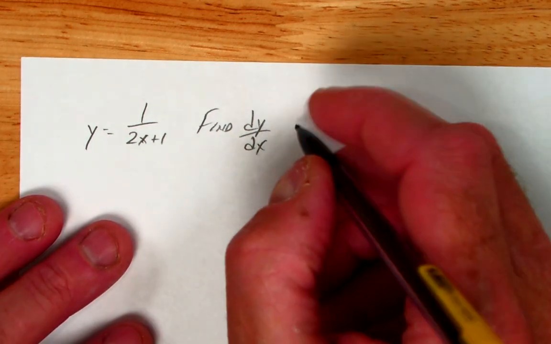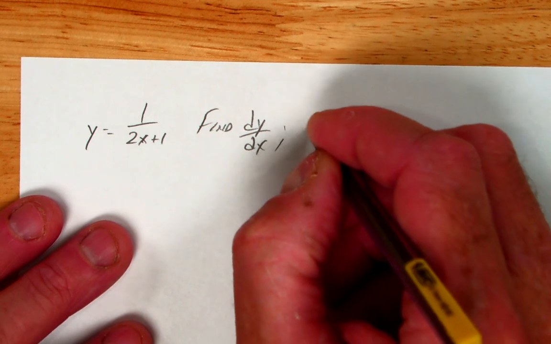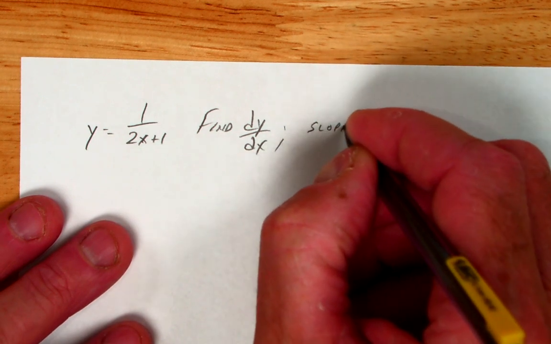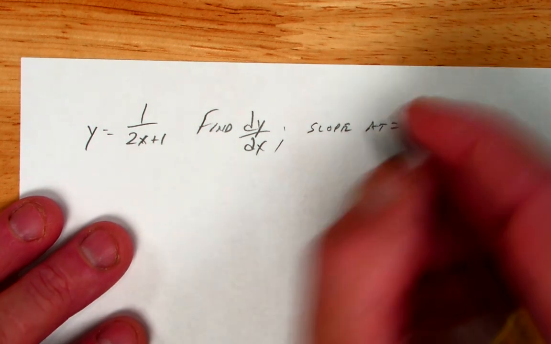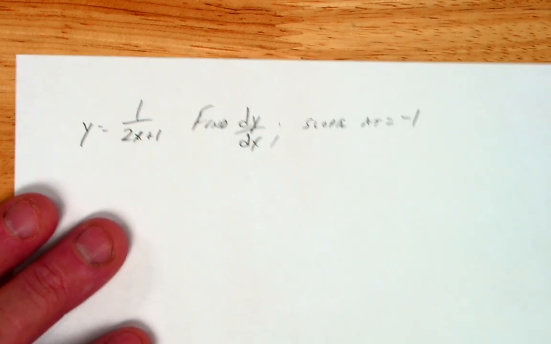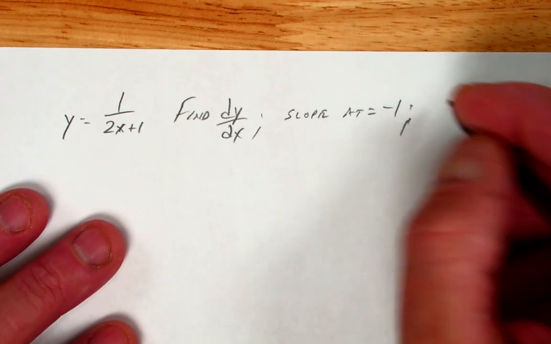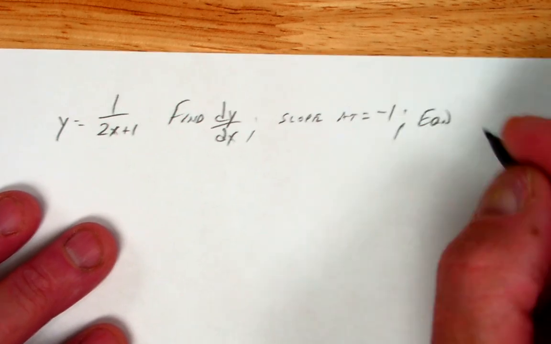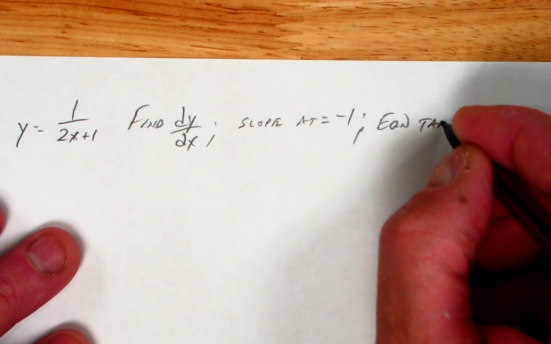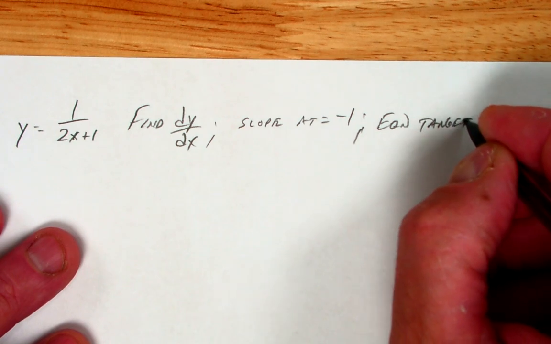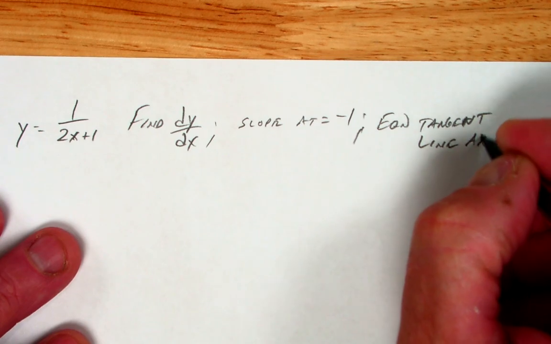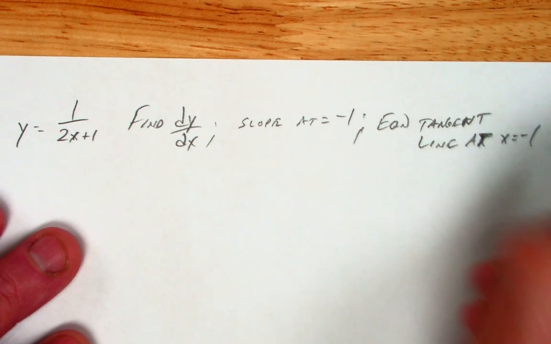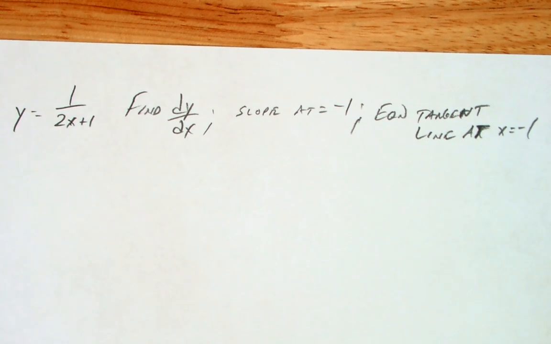And I want to find the slope at x equals -1, and the equation of a tangent line at x equals -1. Okay? Oh, this is ugly.